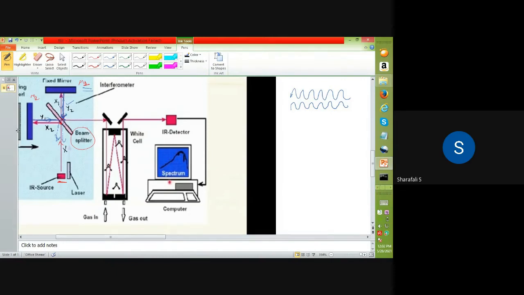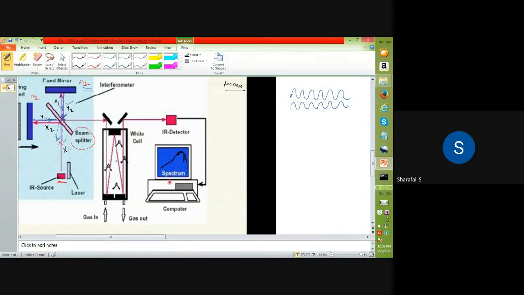So if you are using a single wavelength from your IR source, let's say 1000 nanometer, then you are using only one particular wavelength, which means that those radiations will be coming back from the mirrors and intercepting at a point in the beam splitter.